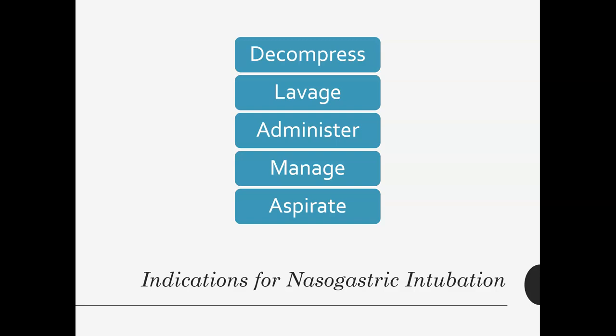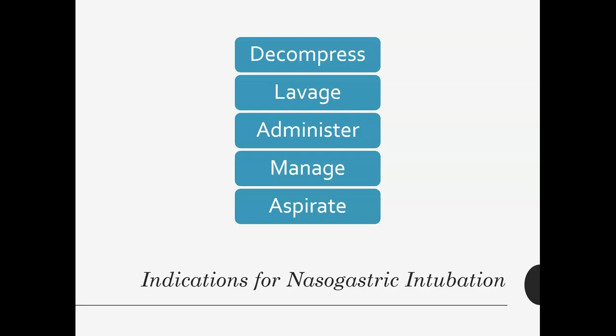We can also do what's called a lavage. If you've ever heard of someone getting their stomach pumped from alcohol intoxication, or they've ingested something toxic, this is what the lavage is. It's basically where we can instill fluid or whatever in the stomach and then suction everything out to try and get rid of that toxin.